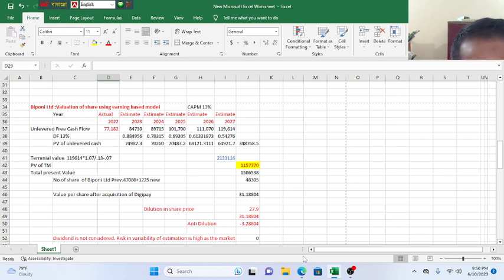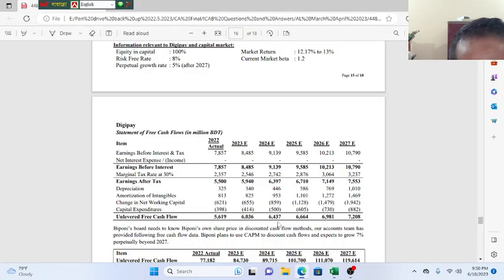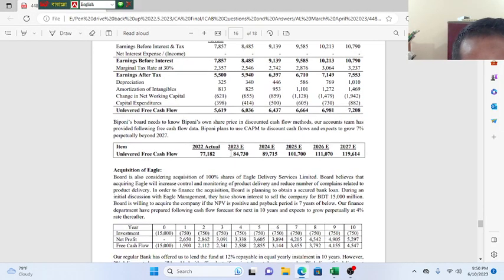Unlevered cash flow is there. Just pick up the figure, 84,027, and the perpetuity will be 7%. Please see the 7% rate.